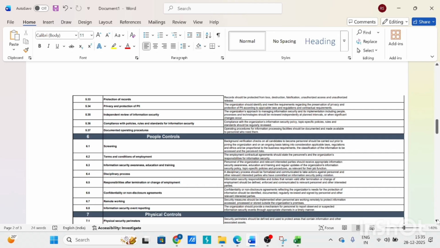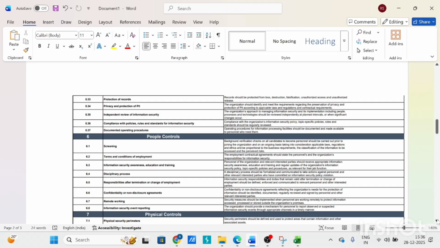Confidentiality or non disclosure agreements reflecting the organization's need for the protection of information should be identified, documented, and regularly reviewed and signed by personnel and other relevant interested parties. Remote working security measures should be implemented when personnel are working remotely to protect information accessed, processed, or stored outside the organization's premises.